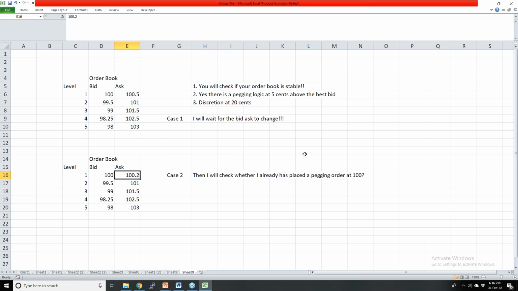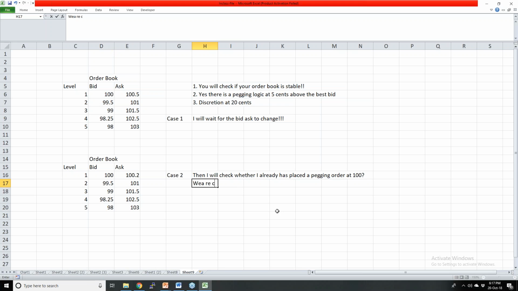How do I check if the order book is stable? There are bids and asks. There are very rare cases when there are no buyers, so there are basically zero bidders, or sometimes just zero sellers. So you just have to make sure that your algorithm is set for unstable order books.